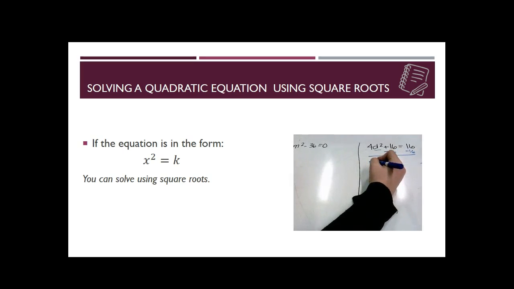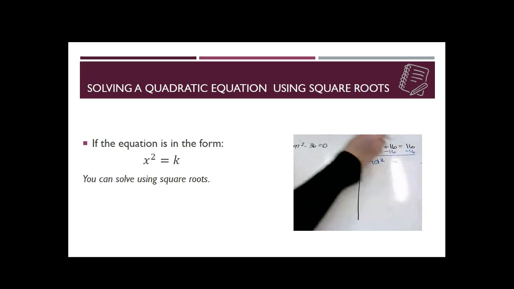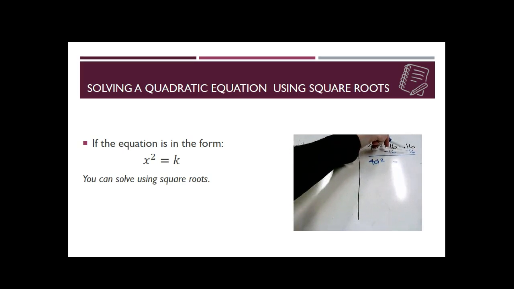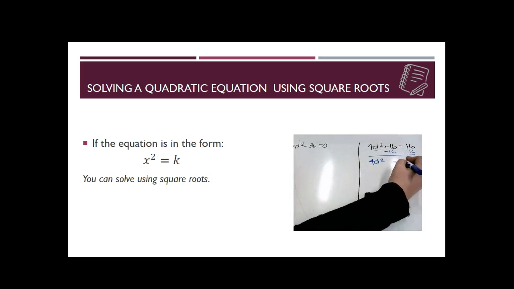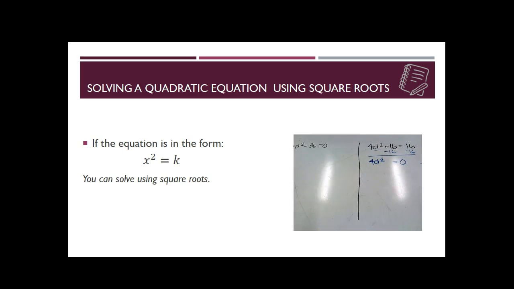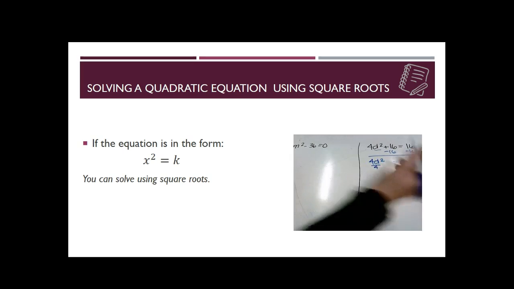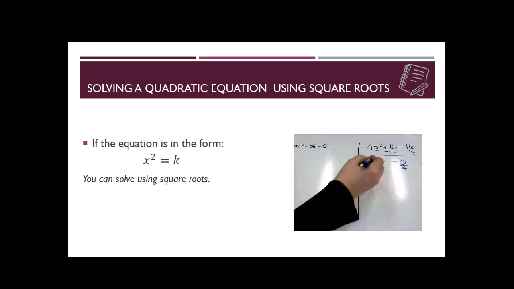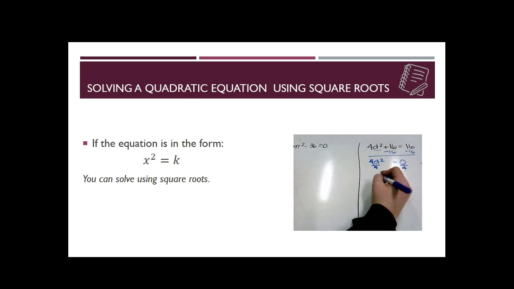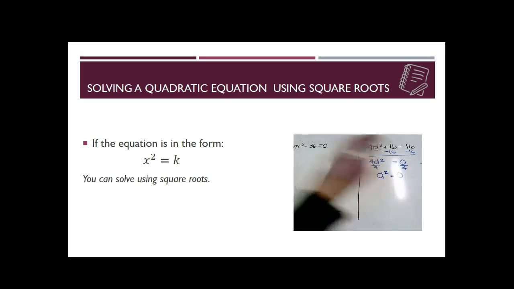So I'm left now with 4d squared equals, these 16s canceled out, and so did those, so I'm left with equals 0. Now to get rid of the 4, I need to do my inverse operation, so I need to divide both sides by 4. Once I do that, the 4s will cancel out, and everyone knows 0 divided by 4 will still give you 0.